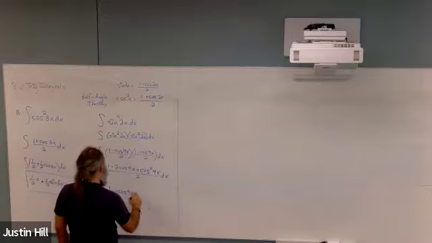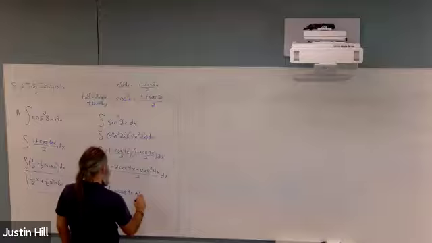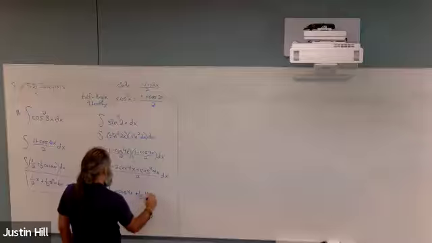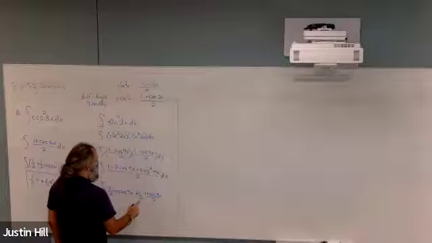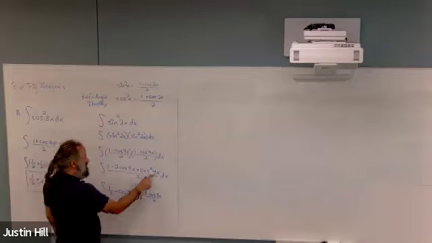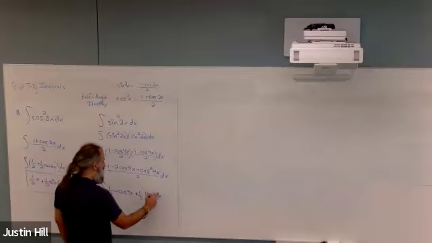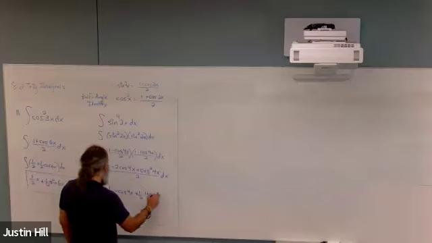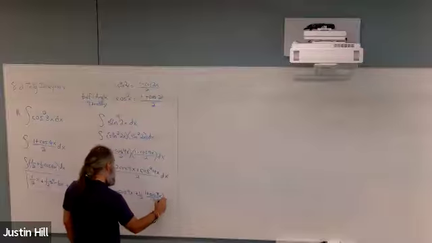So it's plus 1/2 times 1 plus cosine of 8x over 2, all this dx.